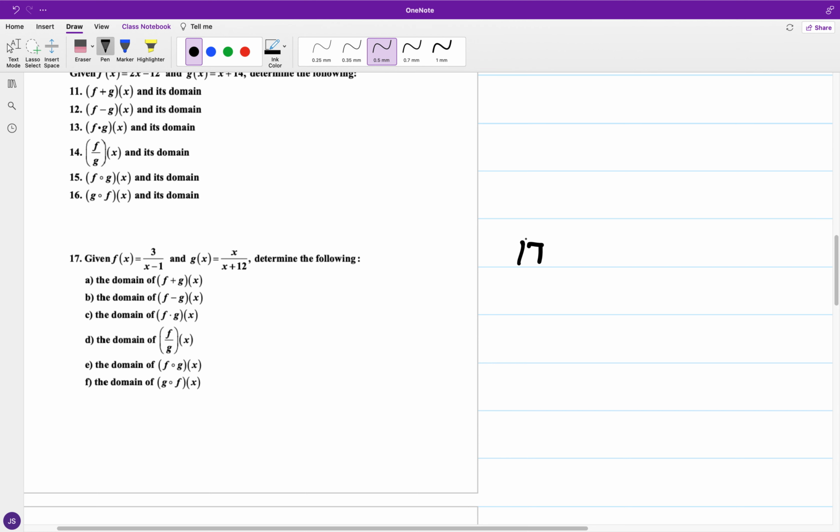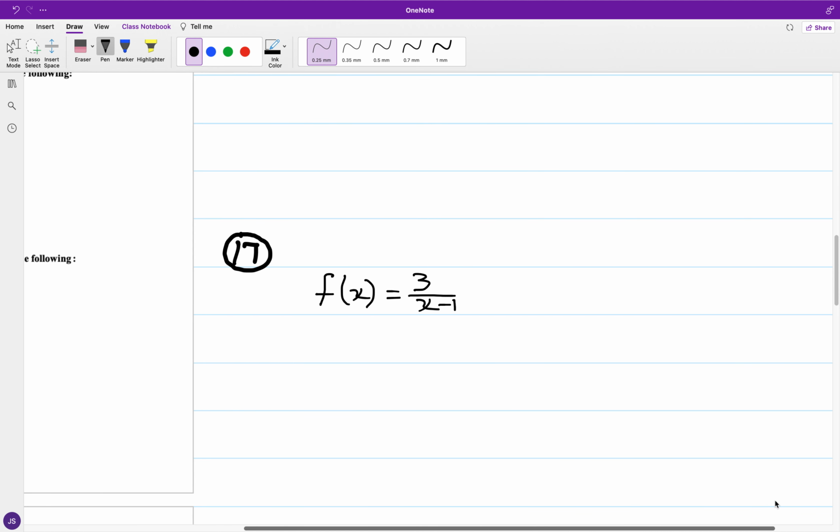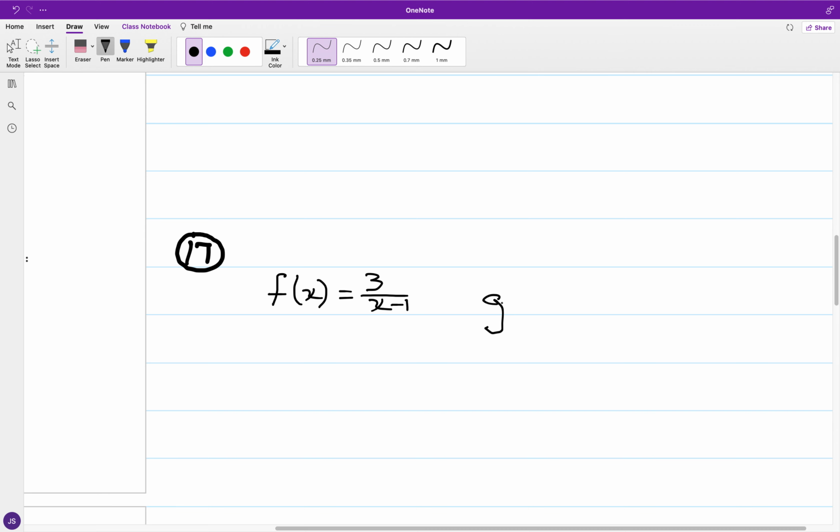And regarding the compositions, again we have f of x is equal to 3 over x minus 1, and g of x is equal to x over x plus 12, and we're looking for the domain of the composition.